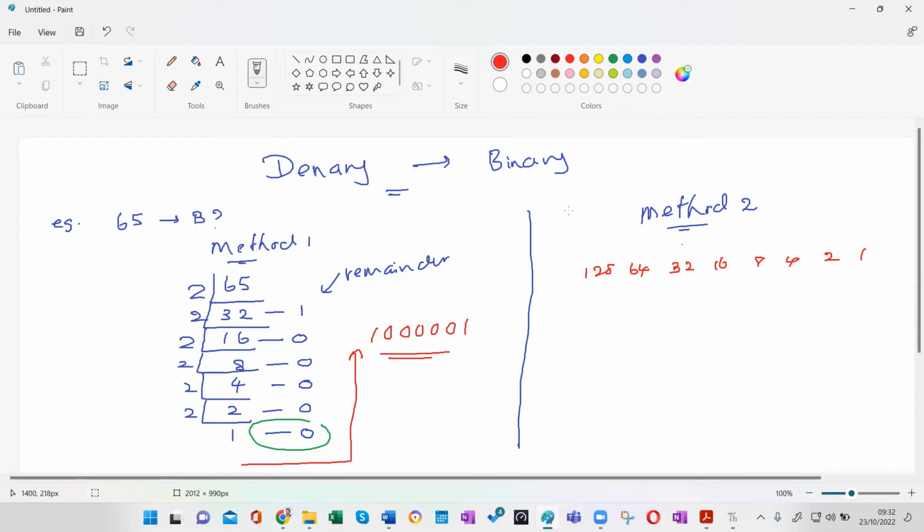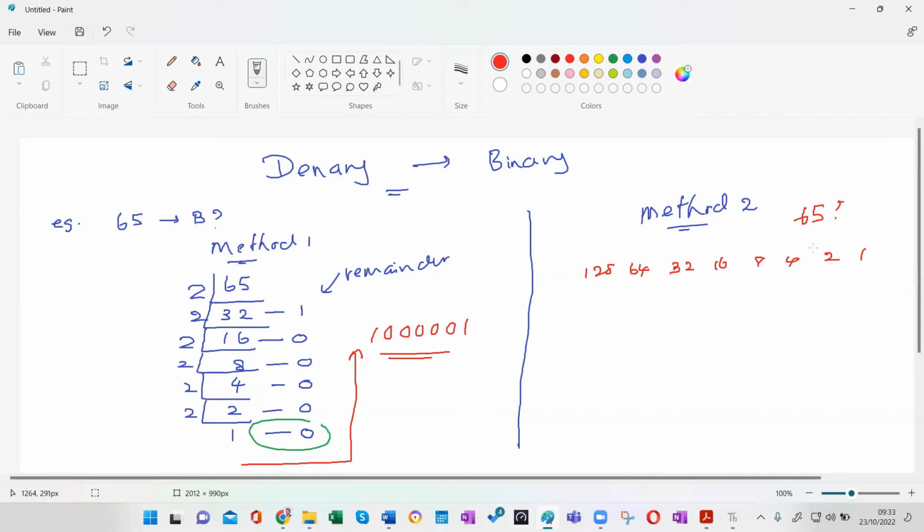Now our number is 65. You try to put 65 into these slots. Do we have 128s in 65?